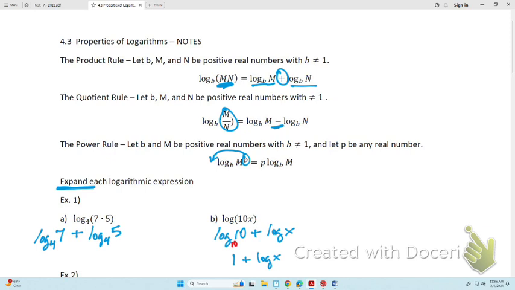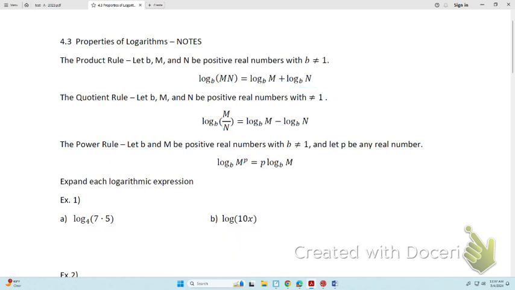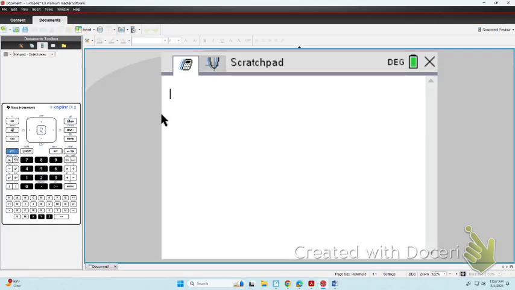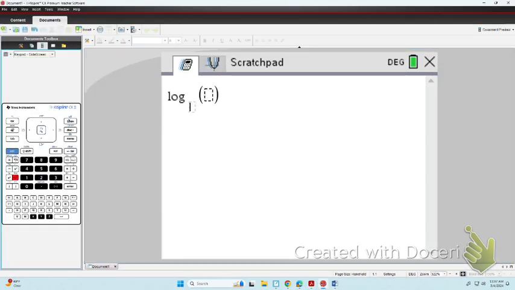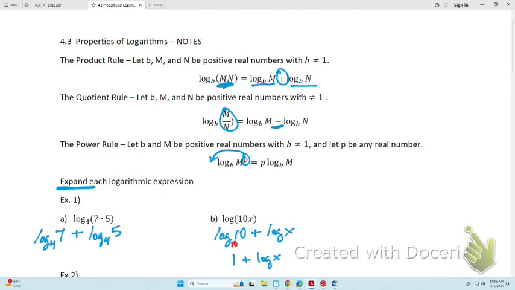And if you're ever unsure, feel free to just type it into the calculator. You would go control log 10, 10, and you get 1. It's like 10 to what power still gives you 10, and it's 1. All right. Let's move on to number 2.